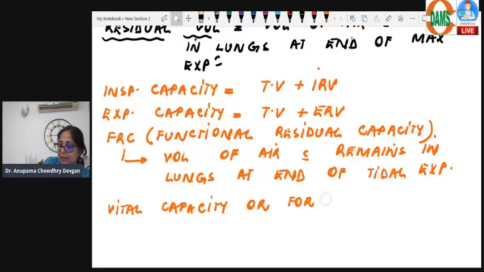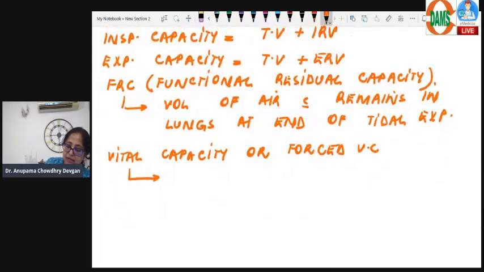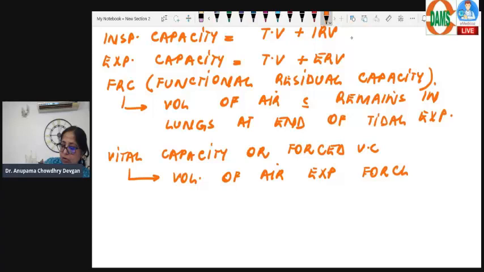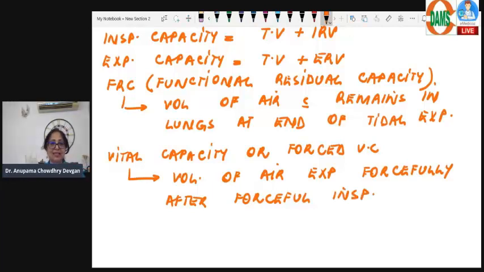This is the volume of air expired forcefully after a forceful inspiration. That is vital capacity or forced vital capacity.